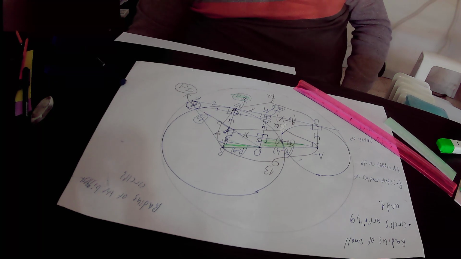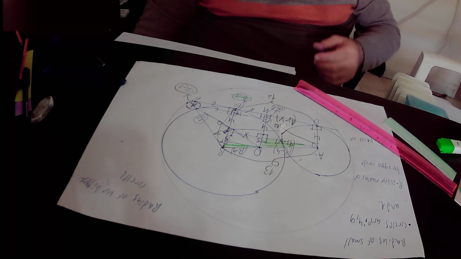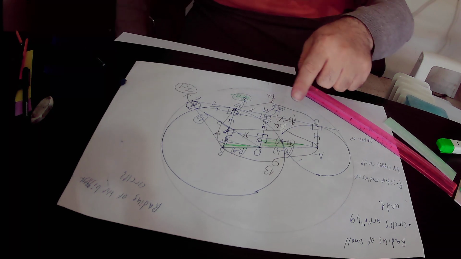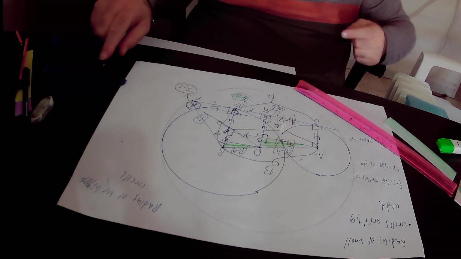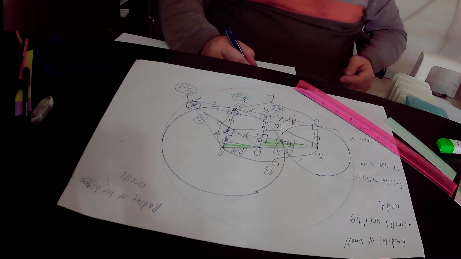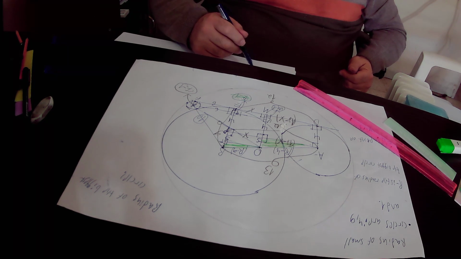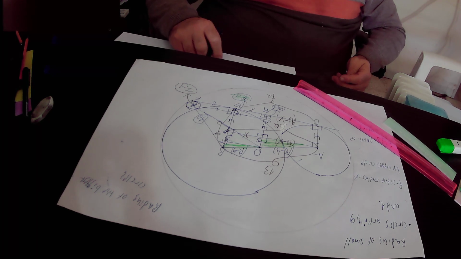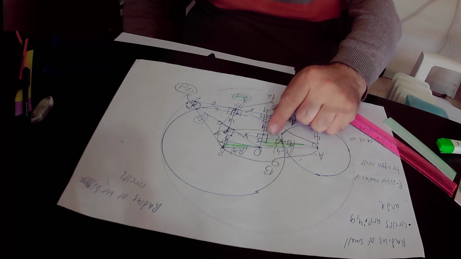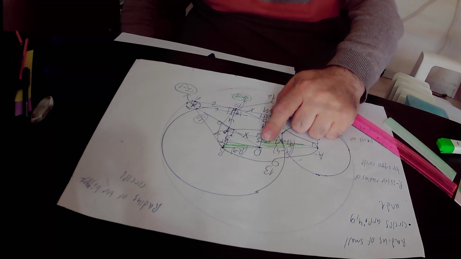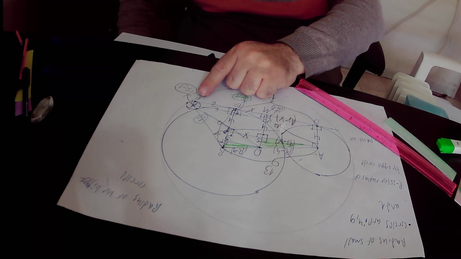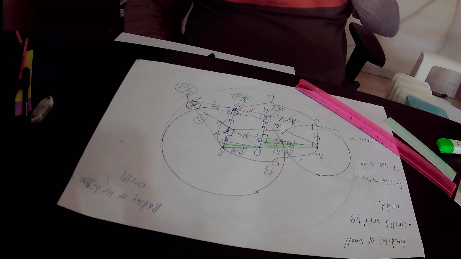In two circles that are touching each other internally, the distance between their centers, that is to say OC, will be equal to the difference between the lengths of their radii. The radius of the biggest circle is capital R. The radius of the smallest circle is 1.